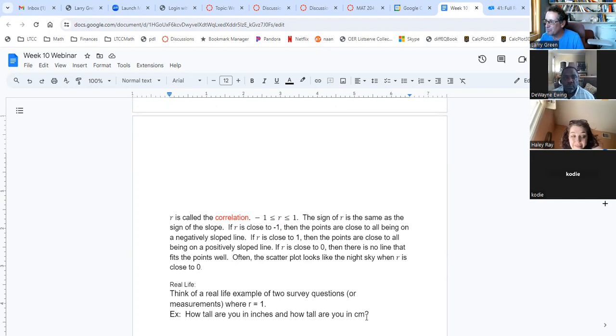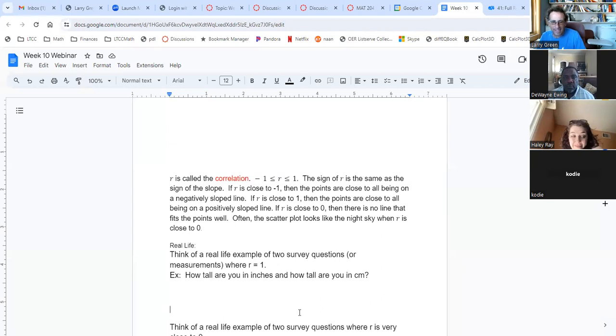Does that make sense? So that would be an example where you'd have a correlation of exactly 1 because you have a linear fit. Every point is exactly on a line. Any questions on that? Because you know exactly how many centimeters they are if they tell you how many inches they are. I mean, when I say it, it means you can find out online. Okay, any questions on that idea?